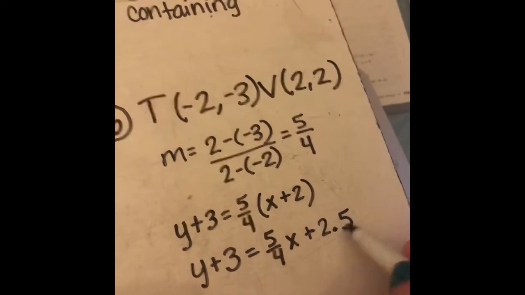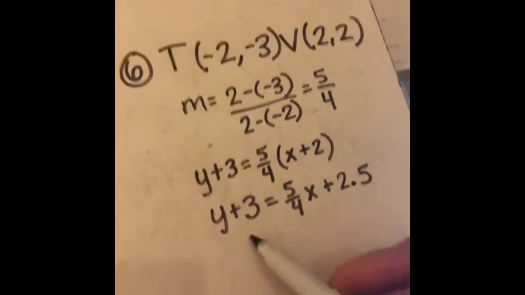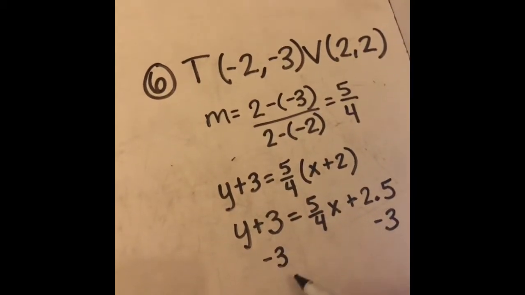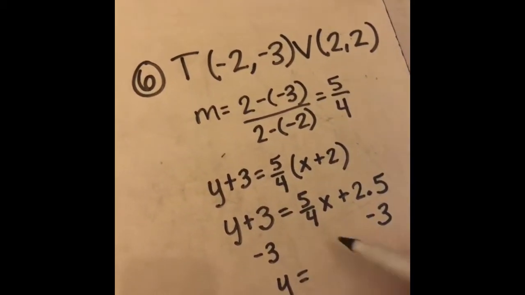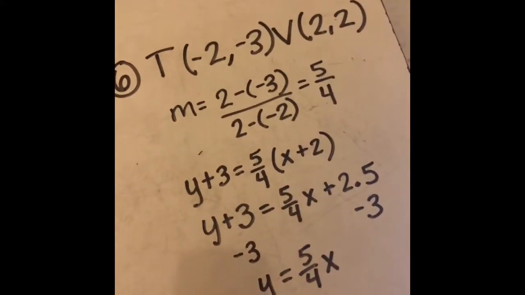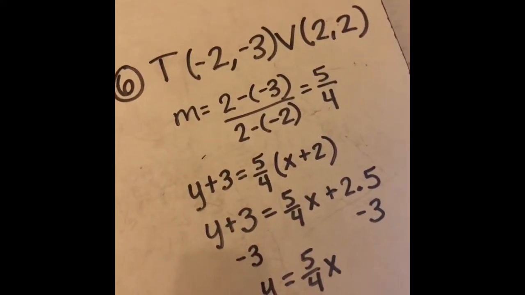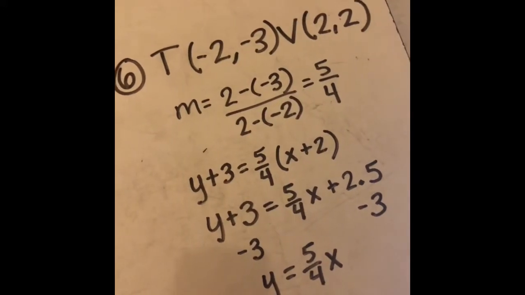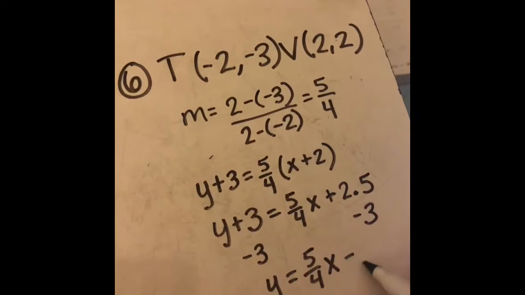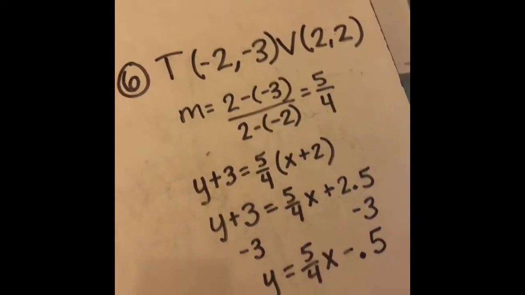Okay, now we're going to subtract 3 from both sides, and we have y equals 5/4 x, and then 2.5 minus 3 is -0.5.